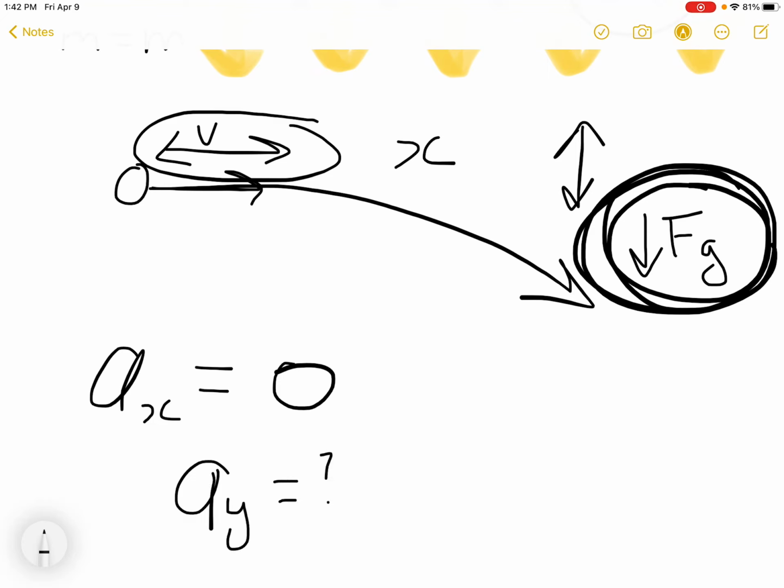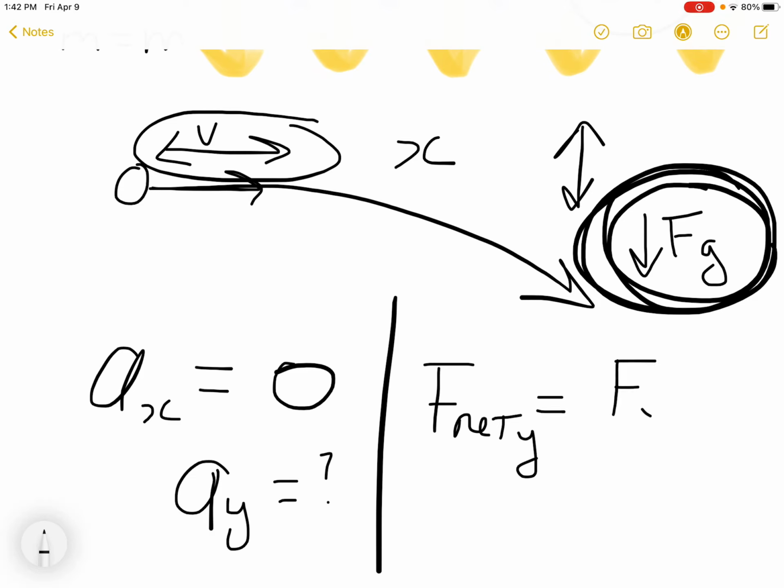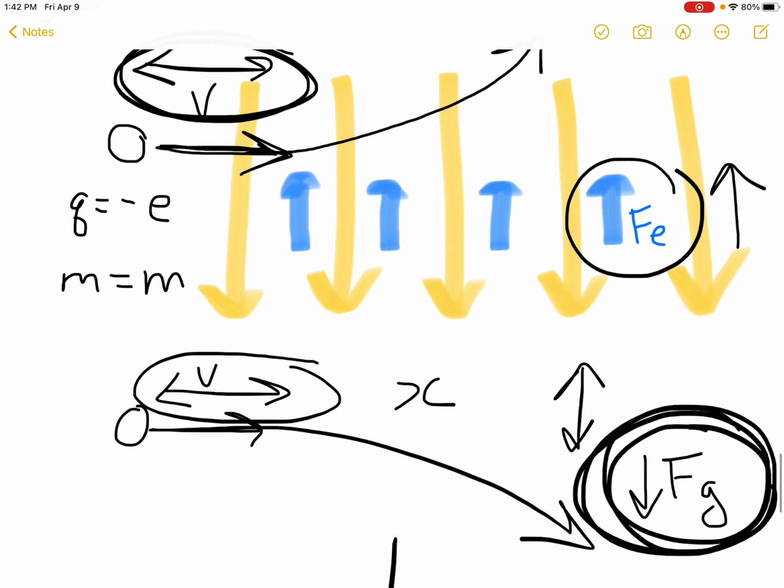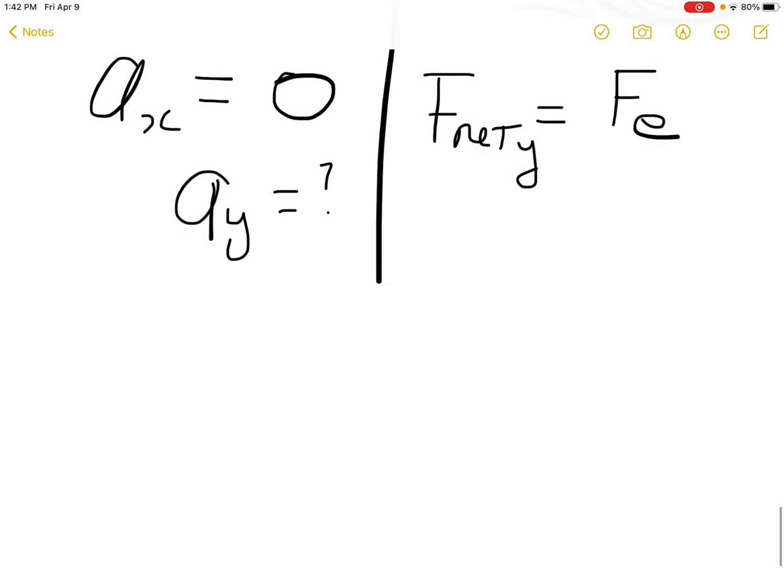So how do we get that? Well, how would we do the ay? Well, we'd have to look at the up-and-down forces. So the net force, I'm doing the y now, F net y equals Fe. That's the only force, right?